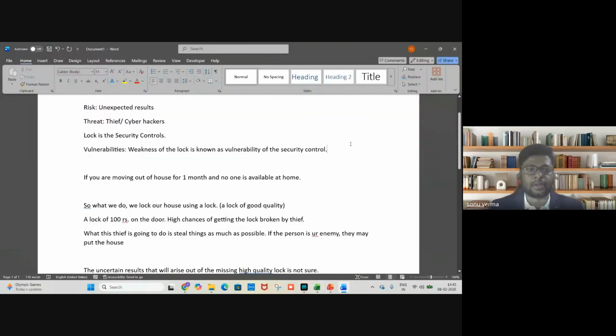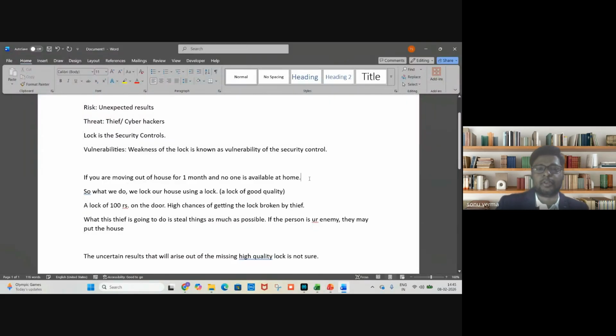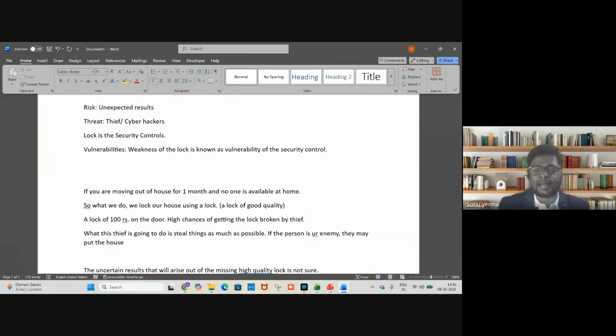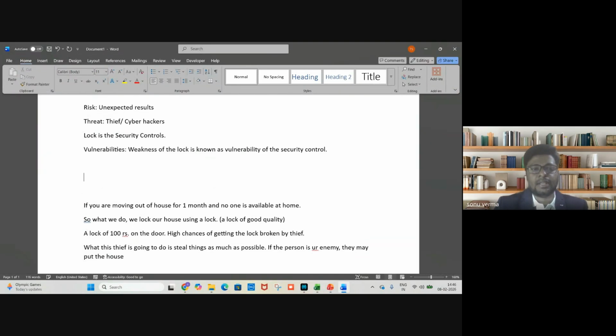Now, when we are deploying third-party risk management, we try to ensure which kind of security controls we are going to deploy so that the vulnerabilities are not available for the vector, the threat, to pose the risk. So what is the exact bookish definition?